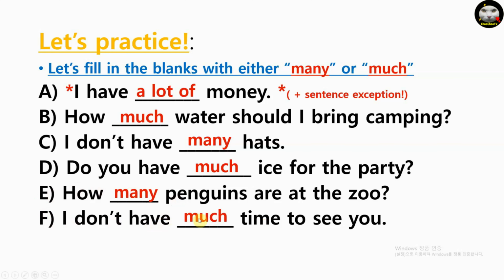I don't have much time to see you. If the word time is used for frequency of an event, then it is countable. For example, it would be, how many times did you call her? The frequency of calling.